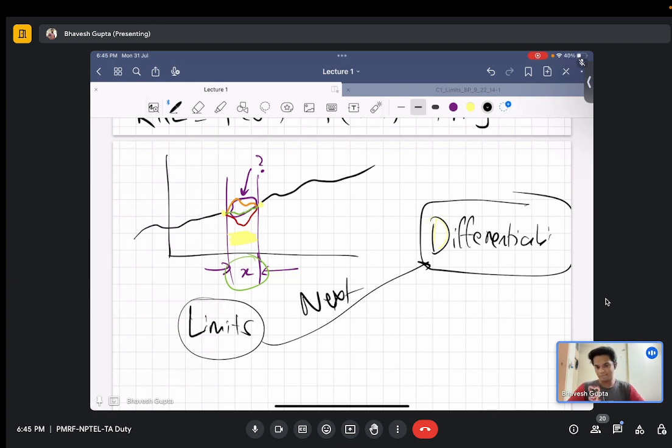I hope they will like this answer more, and this is also a motivation to understand why we are interested in learning limits and differentiability, because there are various mathematical situations in which we want to estimate but couldn't. So we try to develop tools and techniques, and through this set of ideas we can get a hint of what could have happened in between.